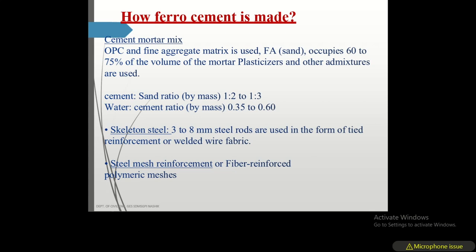If we are going to use steel mesh, it's okay, or you can use another material also for mesh, like fiber reinforced polymer meshes. So we need cement mortar, skeleton steel to tie the wire fabric, and steel mesh or wire fabric. These three components we need to make ferrocement.